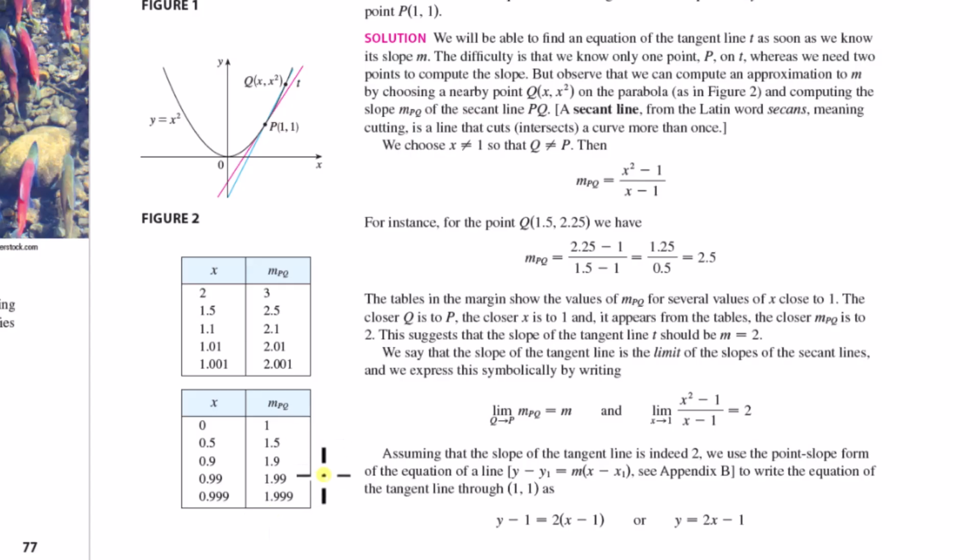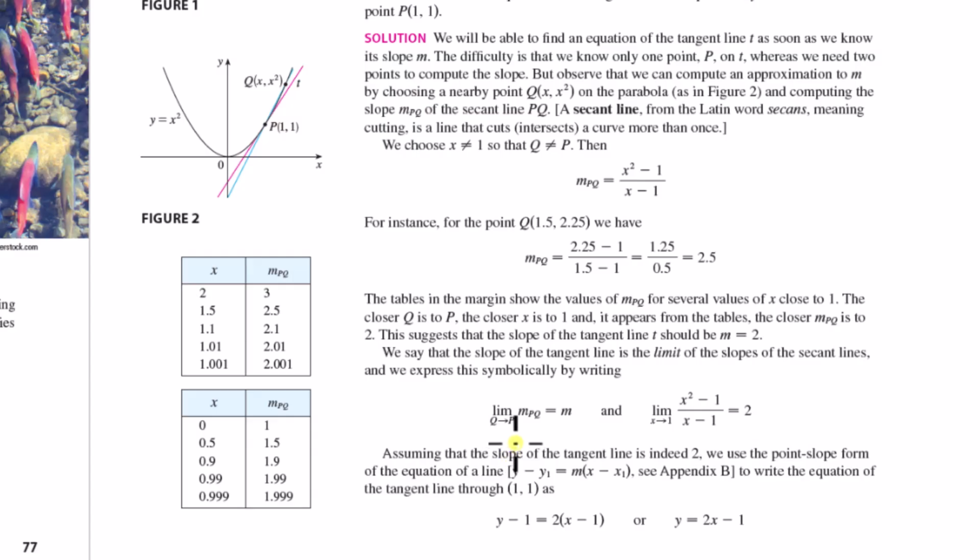So this validates that, in general, the slope of the tangent line to the curve y equals x squared at the point (1, 1) is exactly equal to 2. This is based on this idea of a limit that we just roughly introduced.